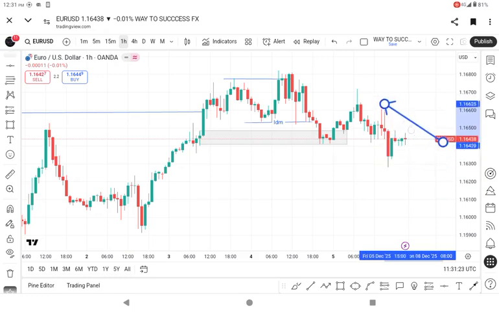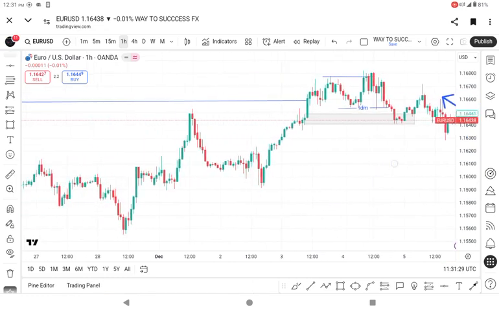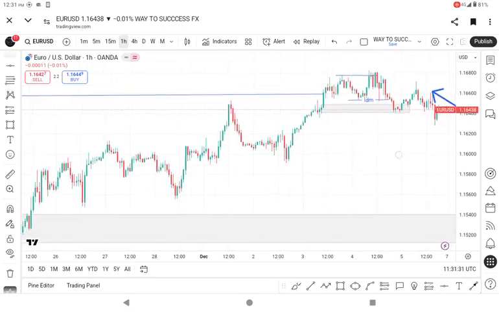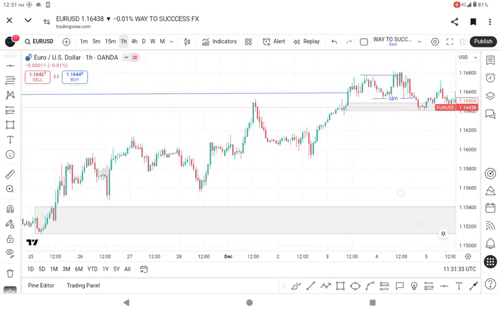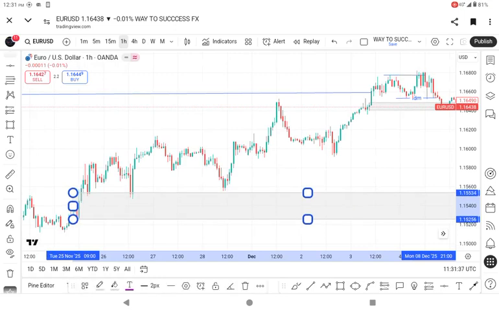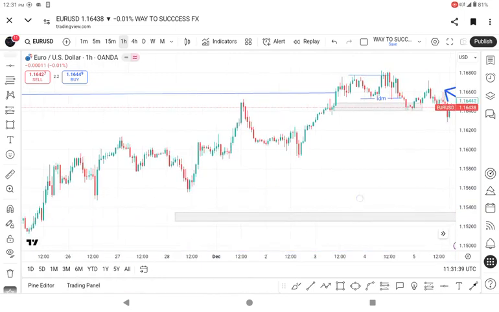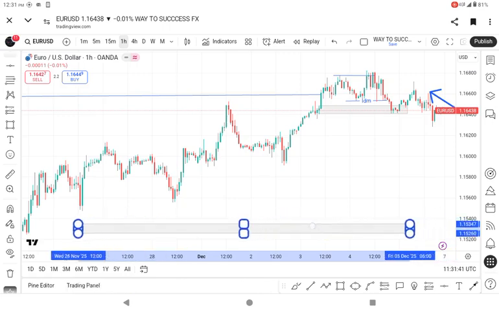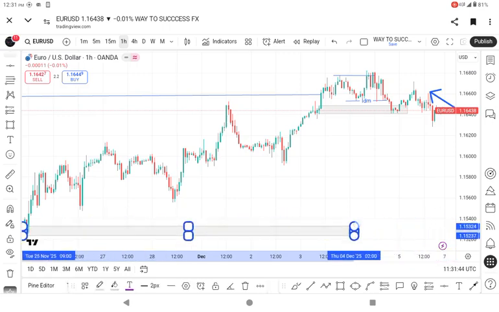So now let's check the 15 minutes to see what we have. But before we go down to 15 minutes, where am I expecting price to come back to? Very nice one. If you see this level, I've marked this level before, this other block that is here.